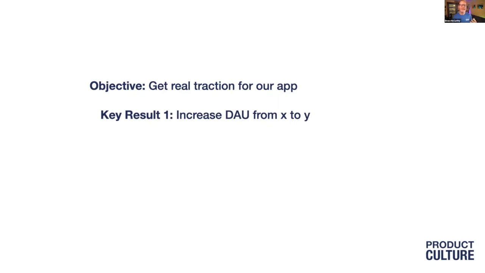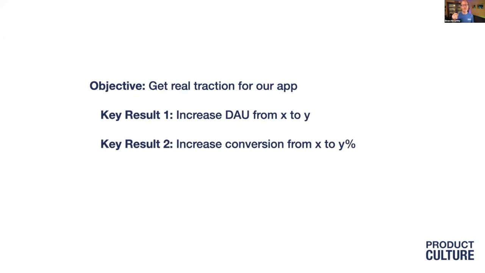Now, daily active users by itself might not feel like a complete or well-rounded way of measuring traction. So we might say, well, we also want to increase conversion. Let's say we have a freemium version of our app from free to paid. If we can increase our conversion rate from some paltry sub 1% number to something healthier, then we can say, okay, we've started the wheel of making some actual money.